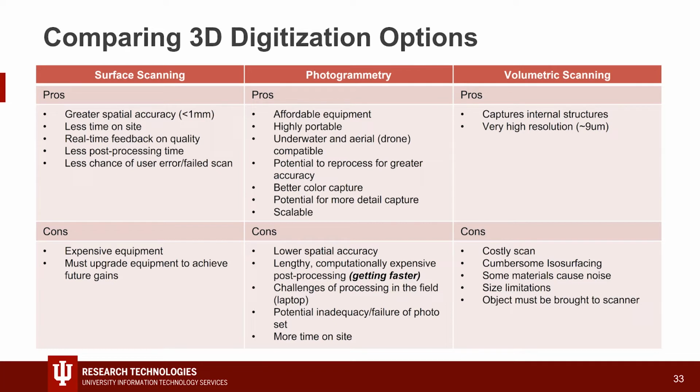So maybe if it's a really important thing, sure, but it's cumbersome. Some of the materials are going to cause noise. There are size limitations again, and the object must be brought to the scanner, which again, I can point to folks with really expensive things and you're like, no way, right? Already you standing there watching me digitize something costs money, let alone me saying I'm going to make this leave the museum. So there's that.